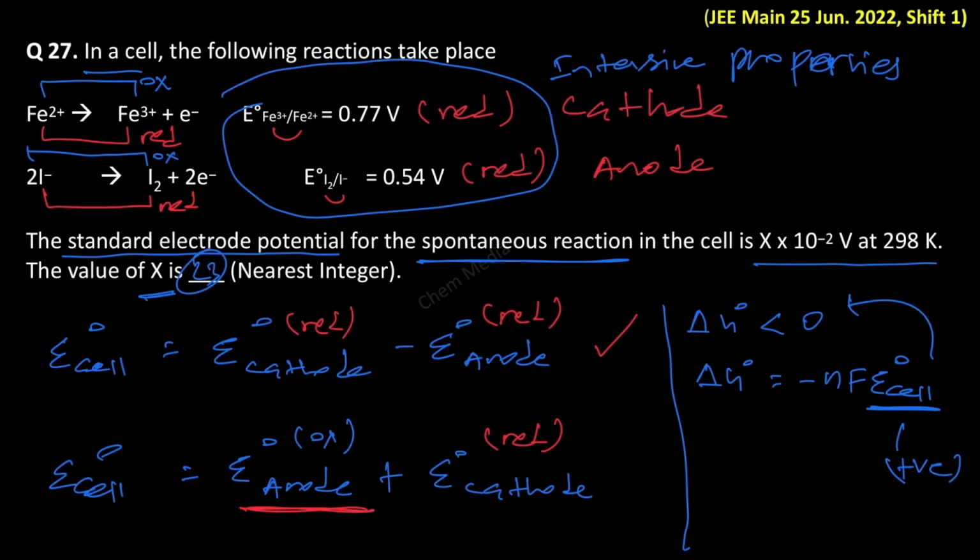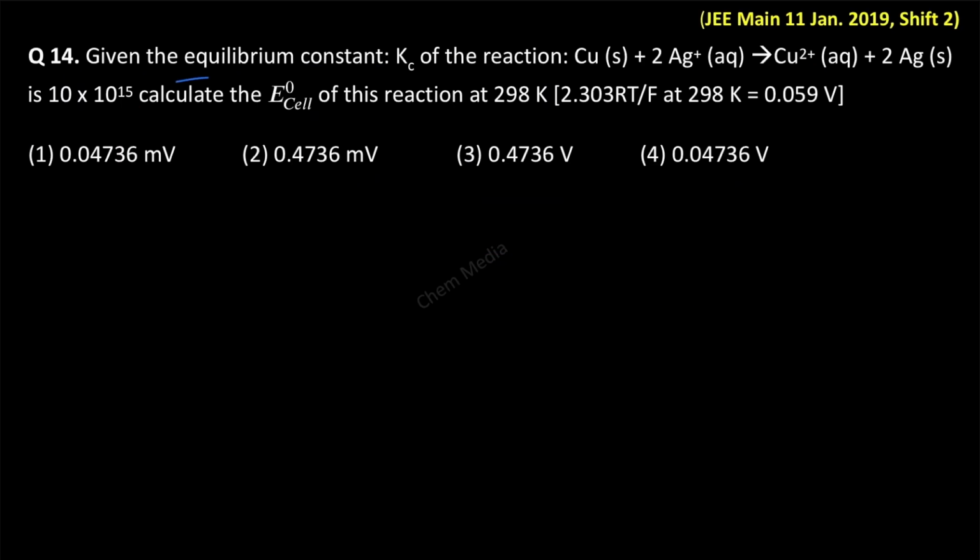Nearest integer is 23. Given the equilibrium constant Kc of the reaction is 10 times 10 to the power 15, calculate the Ecell standard of this reaction at 298 K. The term that we use in the Nernst equation at 298 K is given as 0.059 volt.